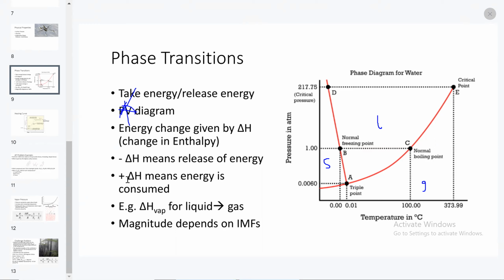So we are losing energy. So that means we're going from high enthalpy to low enthalpy.